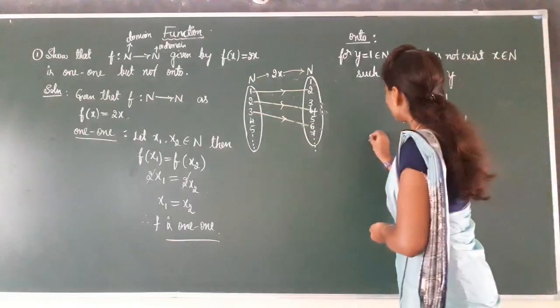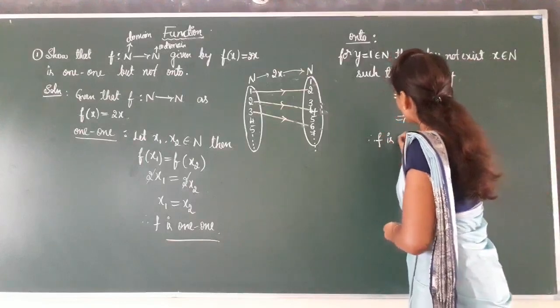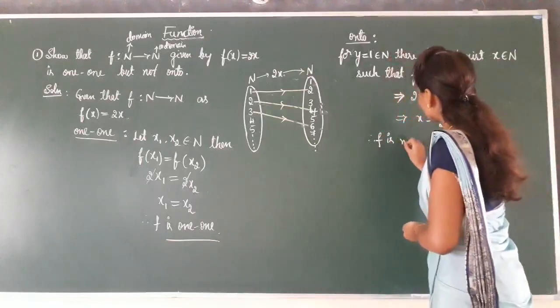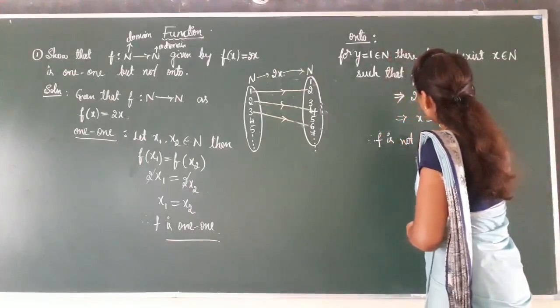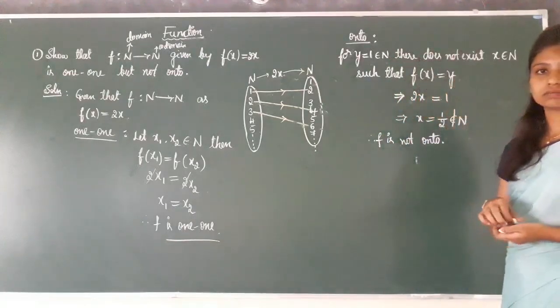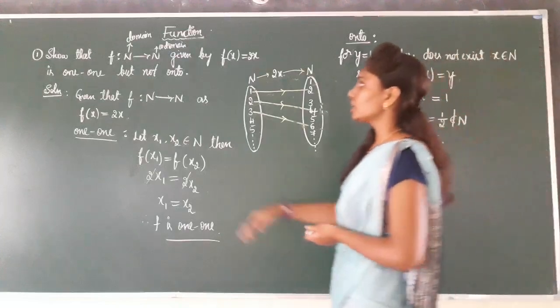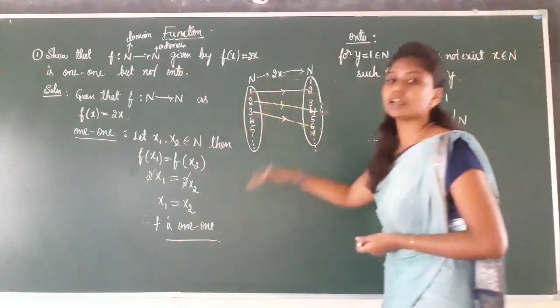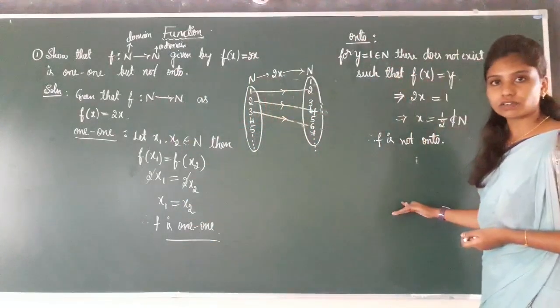That's why f is not an onto function. This is the way of proving the given function is 1-1 and not onto.